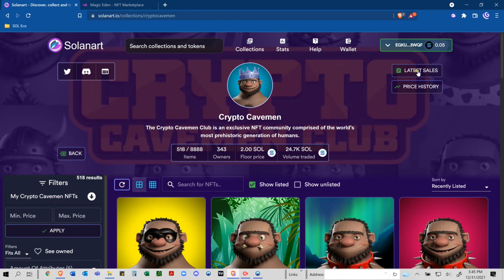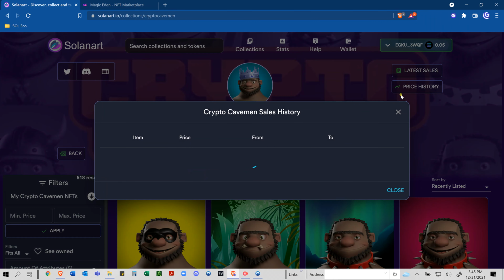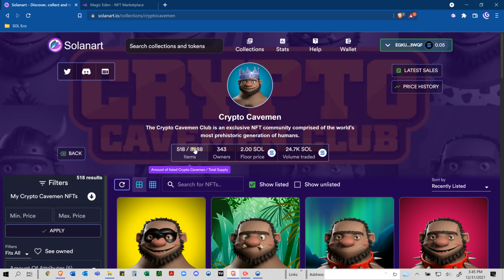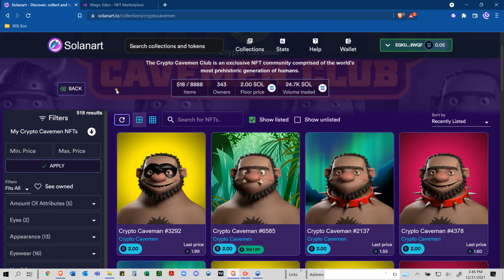Let's sketch something up here. It's the same basic layout. You guys can figure this out. I'll look at the latest sales, look at the price history. So sold 9 hours, 10 hours, 2 sold, average there. Out of the 8,888, there's only 518 listed.